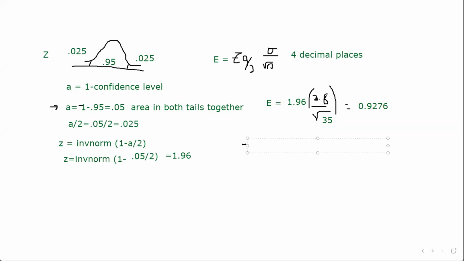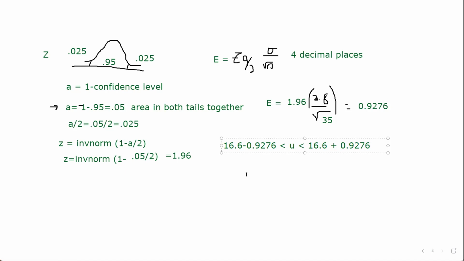We're going to say that's 16.6, which is my X bar, minus my error, 0.9276, is less than mu, because remember we're estimating mu here, less than, because it's between them, 16.6 plus 0.9276. Any questions about how I formed that?